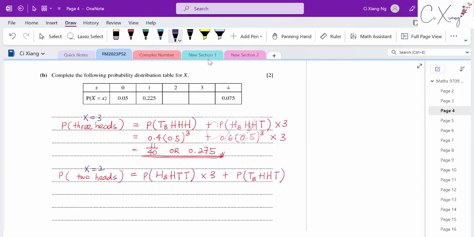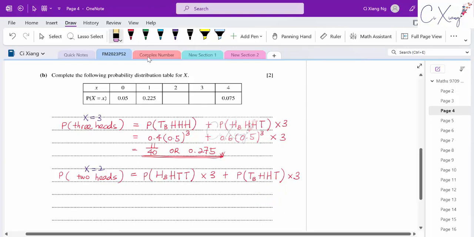So the tail in the biased coin is fixed, and we only focus on these 3. For H, H, T, the tail might appear in the third normal coin, the second normal coin, or the first normal coin. So again, for this outcome, we have 3 different results here, so I also need to multiply with 3.